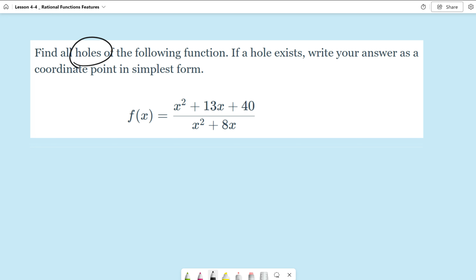Okay, the last feature we're going to go over are the holes feature. Holes are going to be found by doing the following. Find all canceled factors.